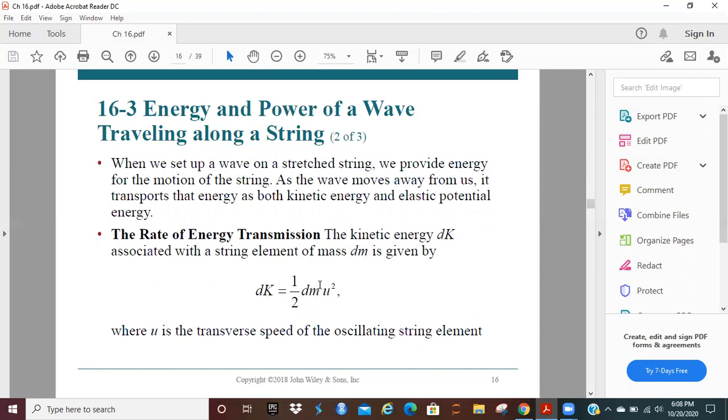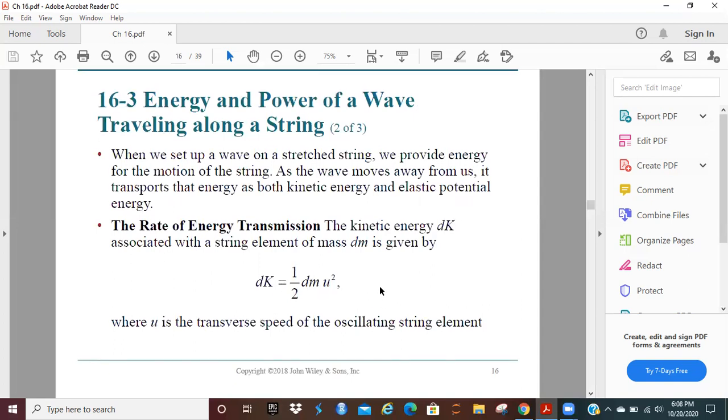So you can look at it as dK divided by dm. It's going to be given by 1/2 u squared, where u is the transverse speed of the oscillating string element. So it's a lot like 1/2 mv squared. It's just here you're talking about infinitesimal amounts of the kinetic energy as well as the mass.